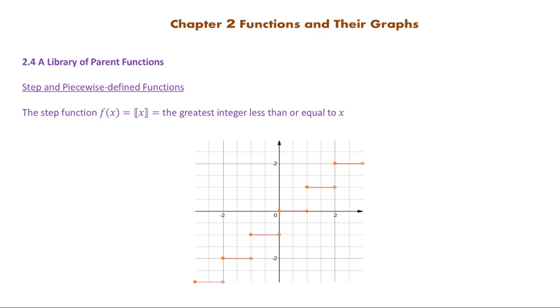When x equals 1.5, the greatest integer less than or equal to 1.5 is also 1. When x equals 1.9, the greatest integer less than or equal to 1.9 is 1 again, right? So when x is between 1 and 2, including 1 but not including 2, the function value y is always 1.